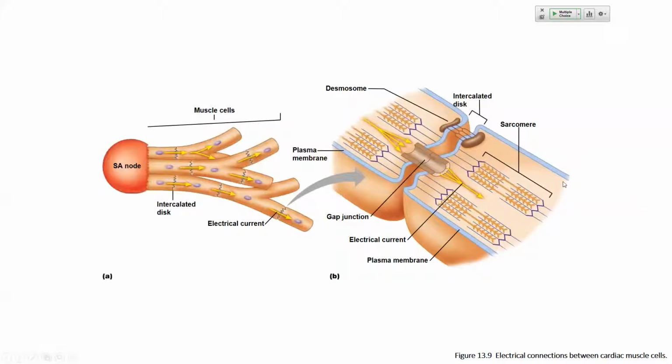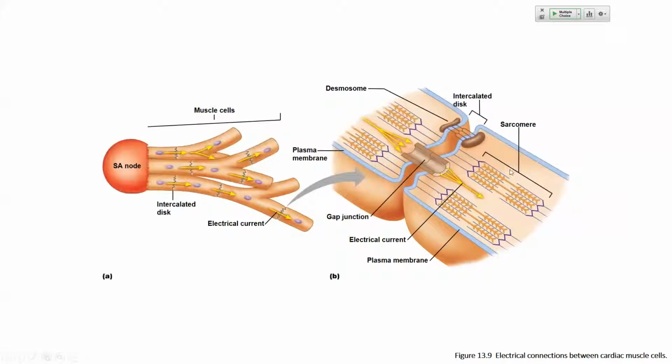Now, I also want to point out here that if we look at the structure of a cardiac myocyte, we're going to see the same apparatus that we saw with skeletal muscle. We're going to see the sarcomere, right? Remember that cardiac muscle is striated, and because it's striated, that indicates to us that there are sarcomeres.